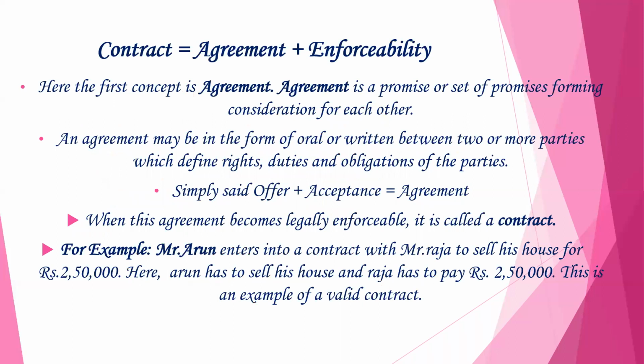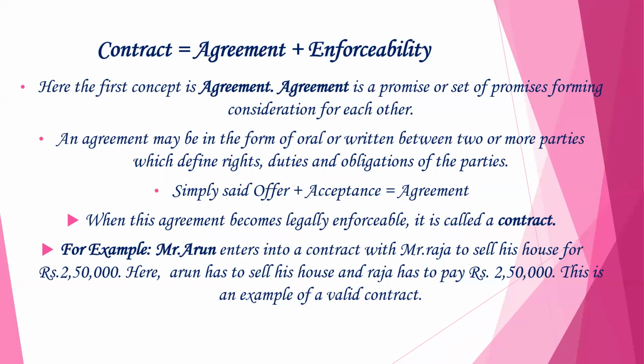Here, the first concept is agreement. Agreement is a promise or set of promises forming consideration for each other. An agreement may be in the form of oral or written between two or more parties, which defines the rights, duties, and obligations of the parties. So simply, offer plus acceptance is equal to agreement. When this agreement becomes legally enforceable, it is called a contract.